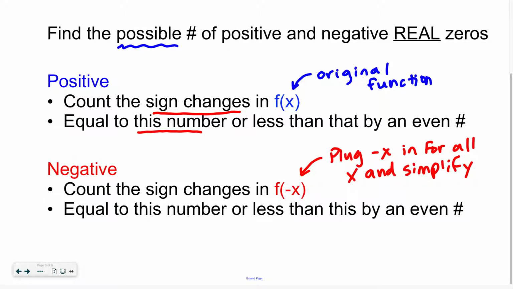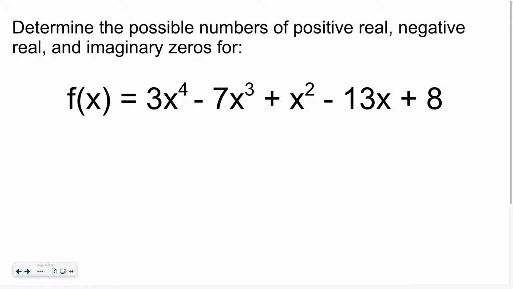Okay, so make sure you put this one in your notes so that you have an example. F of x equals 3x to the 4th minus 7x cubed plus x squared minus 13x plus 8.